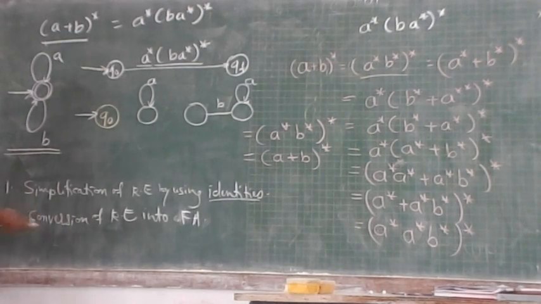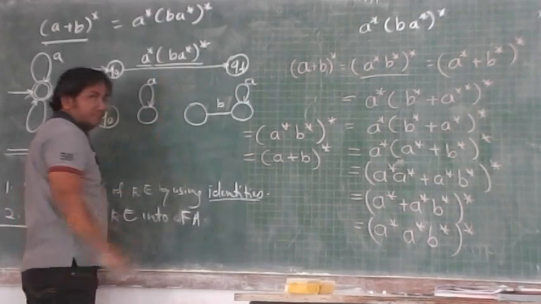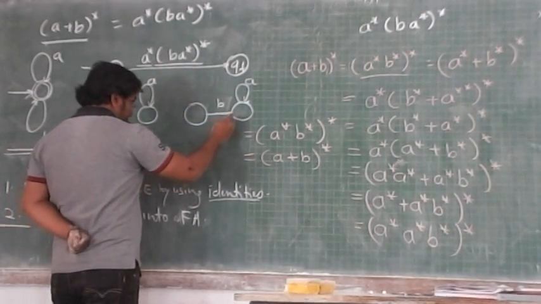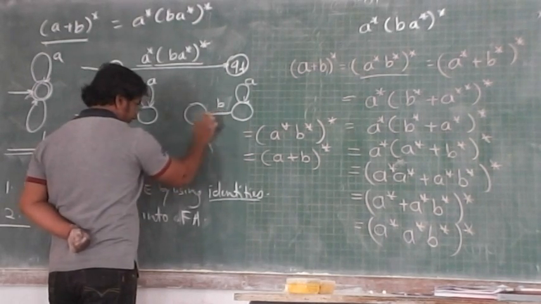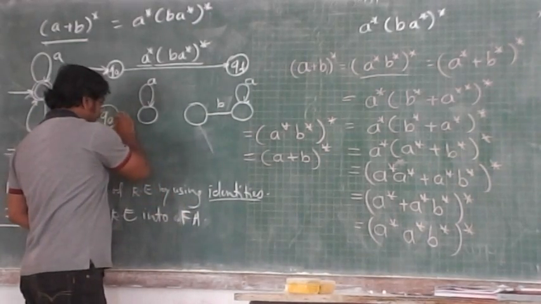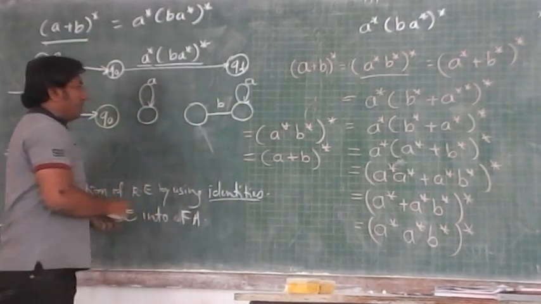But this B A star is again a whole star. So what should I consider? And this final state I need to keep as it is.